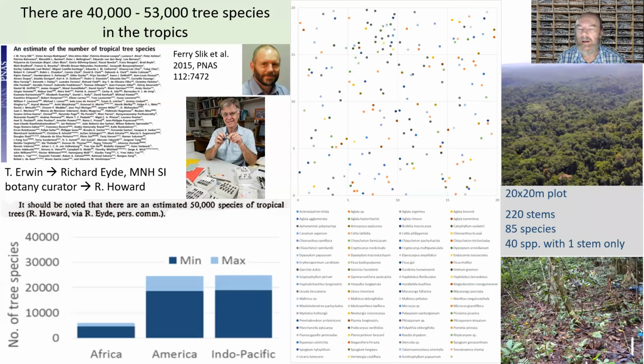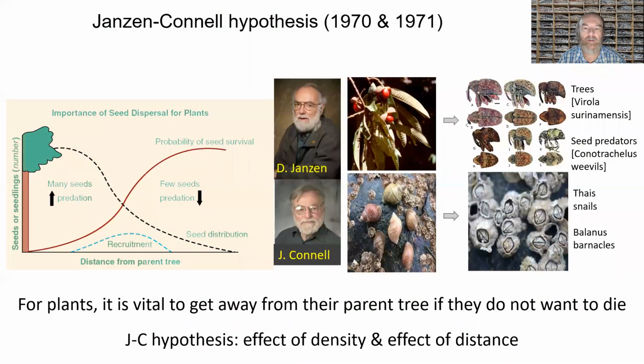For instance, this is our 50-hectare forest dynamics plot in Papua New Guinea, which I will still be mentioning. And there, in a typical 20 × 20 meter plot, there are 85 species of woody plants. And so that mix with species having heterospecific neighbors, that is something we need to explain as ecologists.